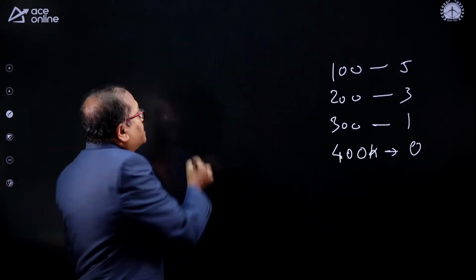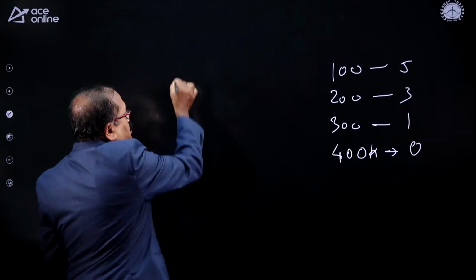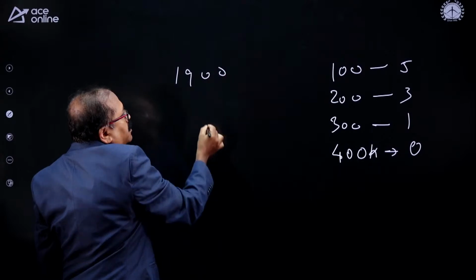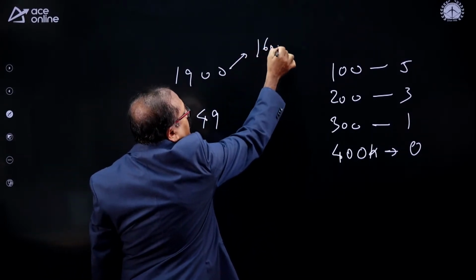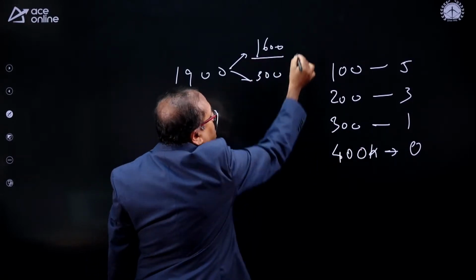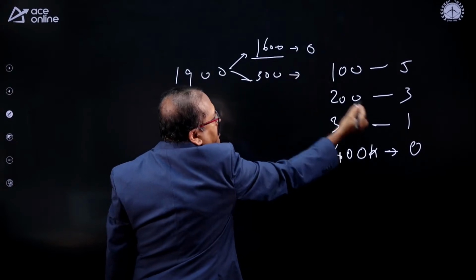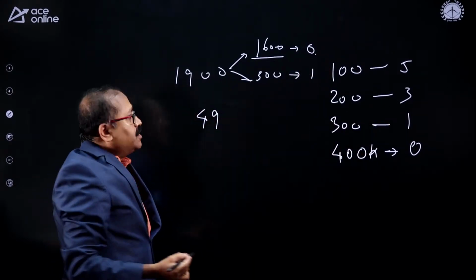If you know that, for 1946 I will calculate for 1900 and for 46. 1900 can be written as 1600 plus 300, and 1600 is a multiple of 400, so its odd days are 0 and 300 has odd day 1. So the total I get is odd day 1 over here.